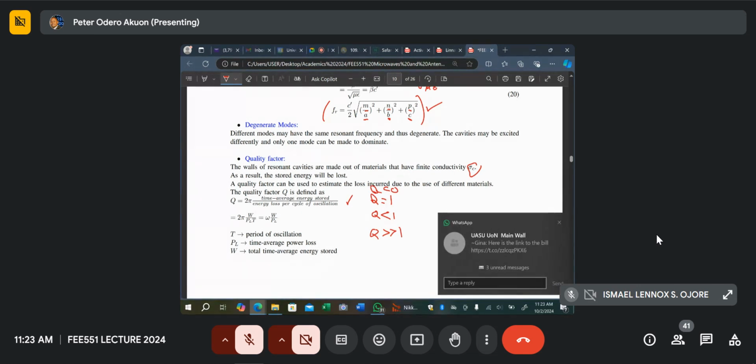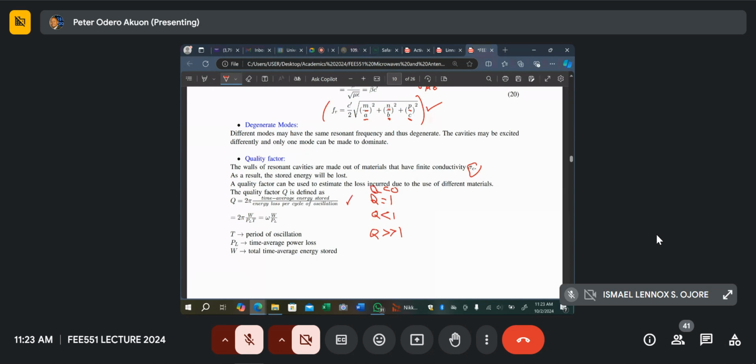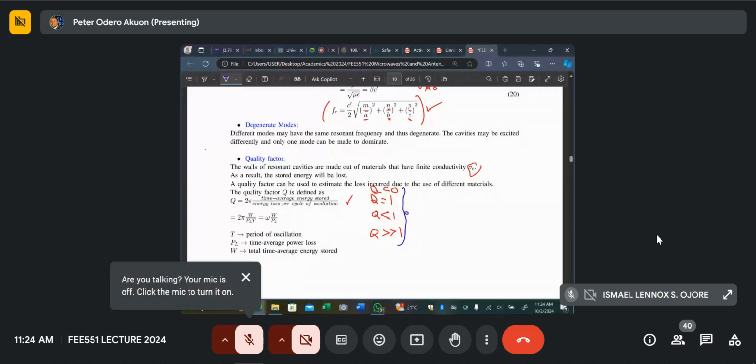Or to ask again, in what scenario do you think Q will be equal to 0? If we don't have any energy being stored within the cavity, that's when we'll have Q equal to 0, if there's no energy stored.